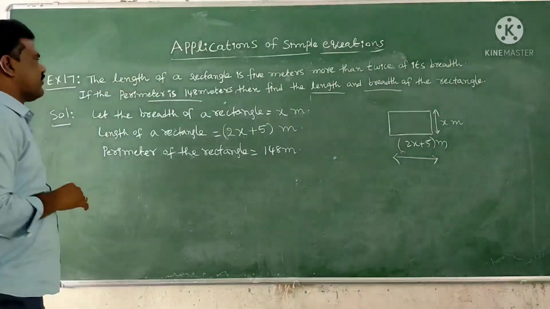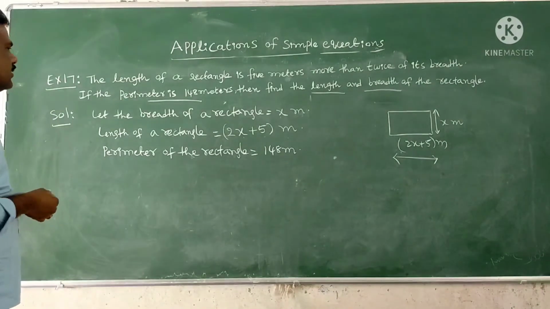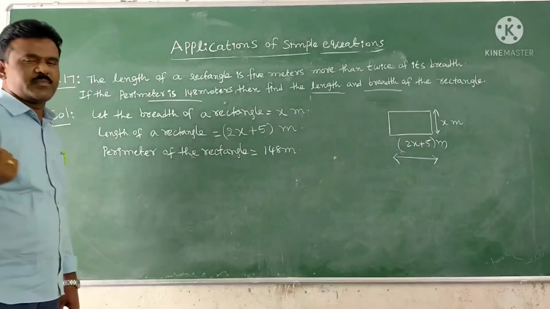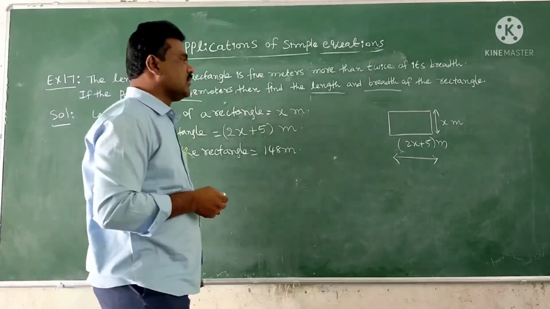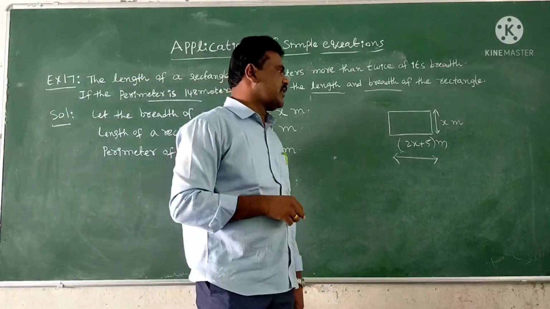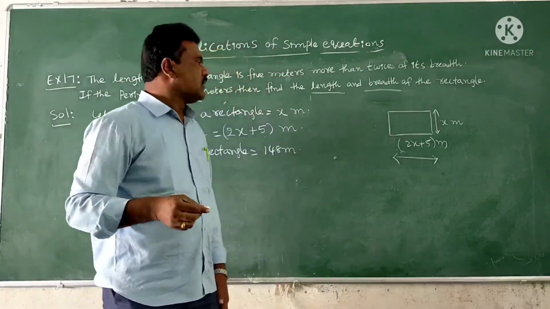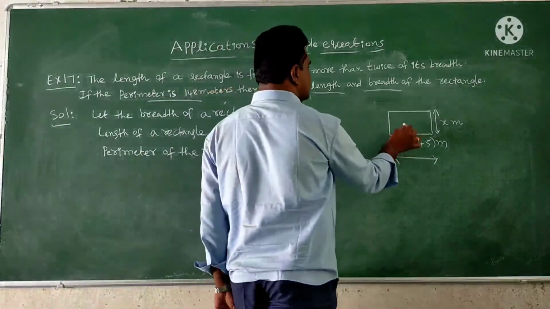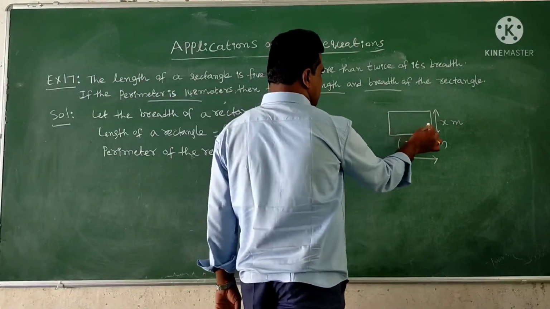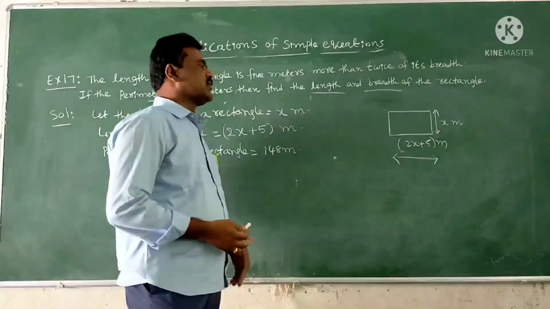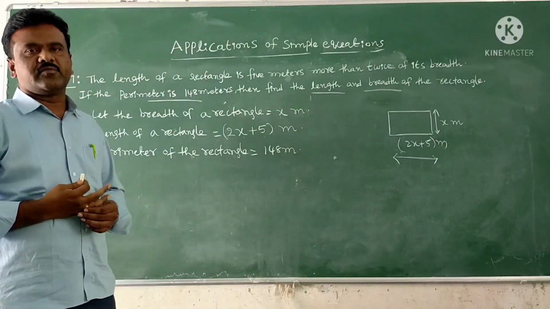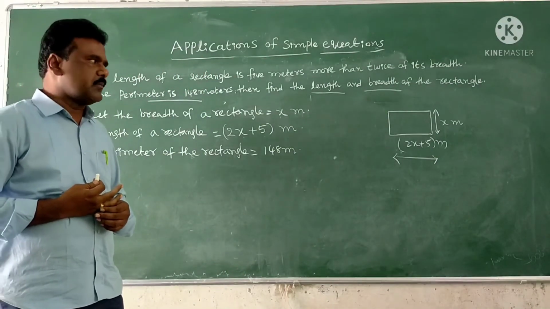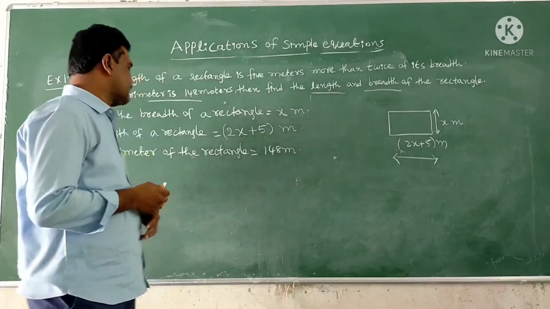Now we have to find the perimeter. What is the perimeter of a rectangle? It is the sum of two lengths plus the sum of two breadths.